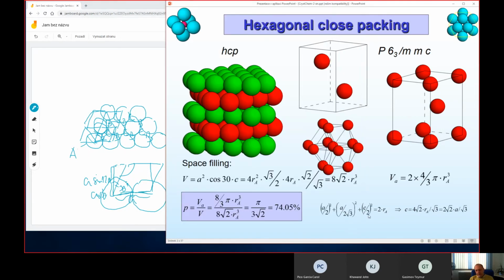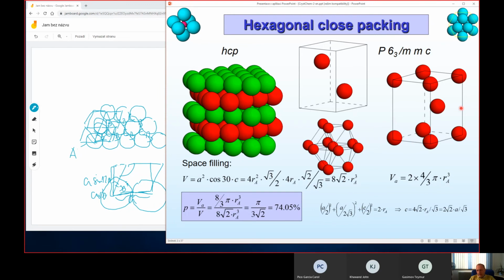And for the C parameter, it is more complicated. We must take the condition that on this distance, these 2 atoms in layers A and B must touch. So here we have 1/2 of the C parameter.